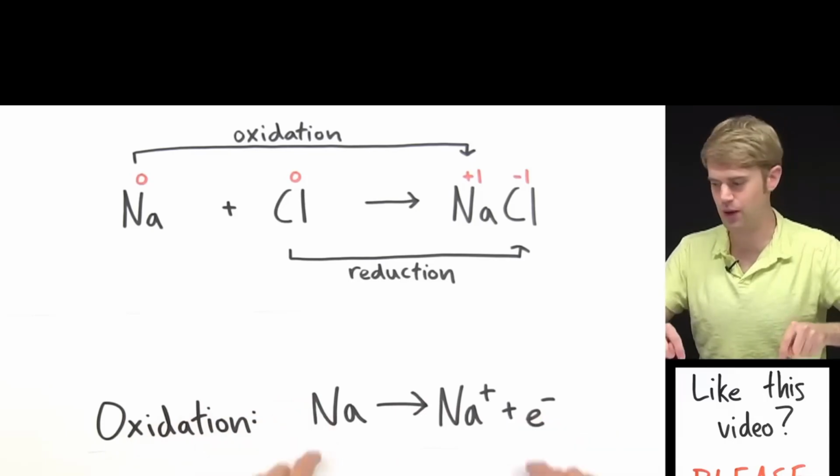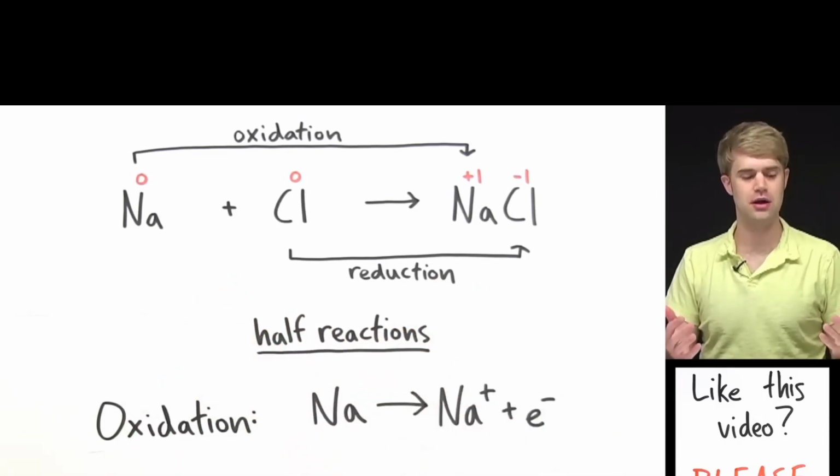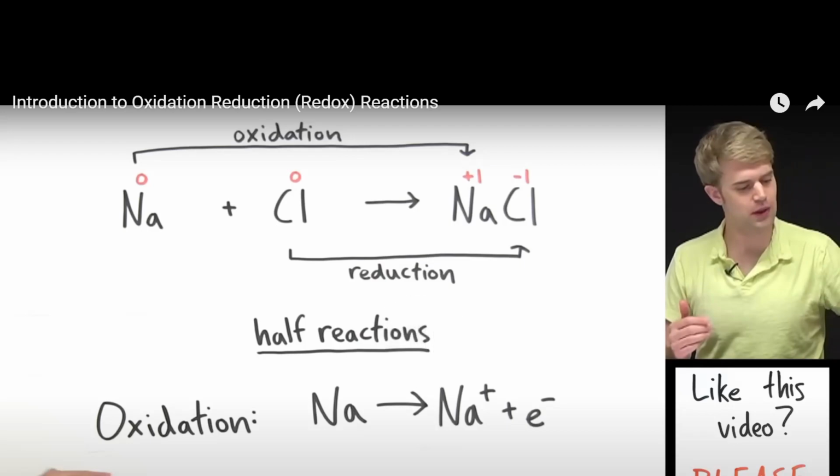Now, these two equations down here are called half reactions. They show... Why do you think they're called half reactions? Because they're half of the overall reaction. Yes, but it's nice to be able to separate them out because it allows you to see what's happening with the electrons. Plus, later on when we get more complicated ones, separating out half reactions makes balancing the equations much easier.